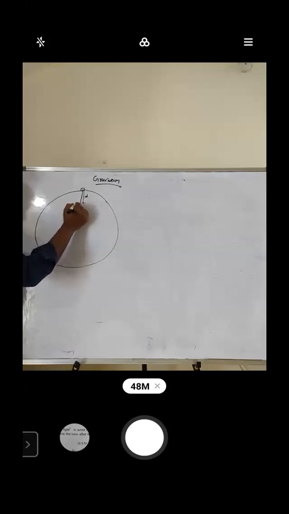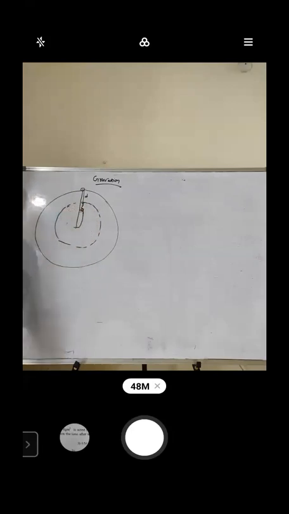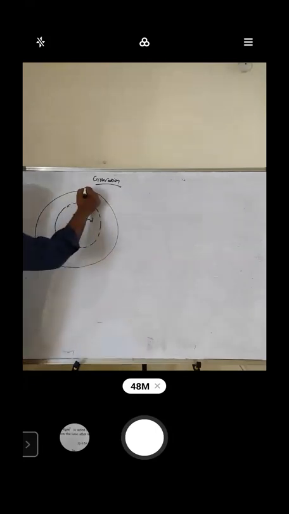Here we have the object. How much distance from here to here? R minus D. So what you are supposed to write is: consider any object on the Earth's surface, its mass is small m.